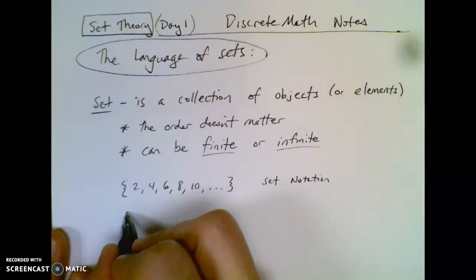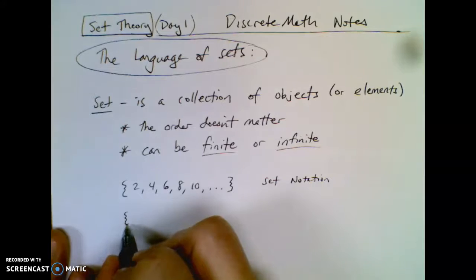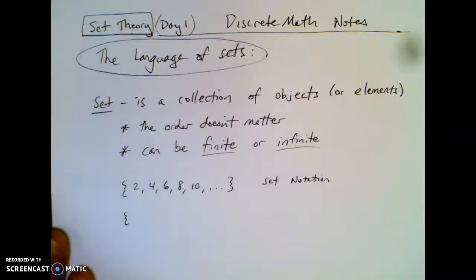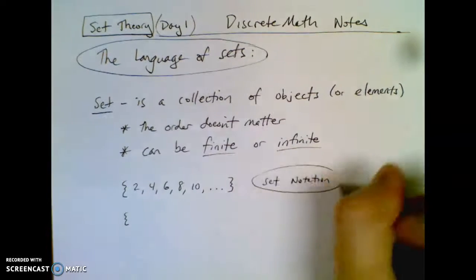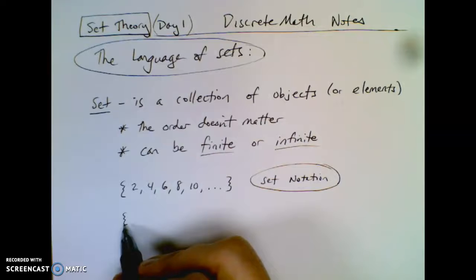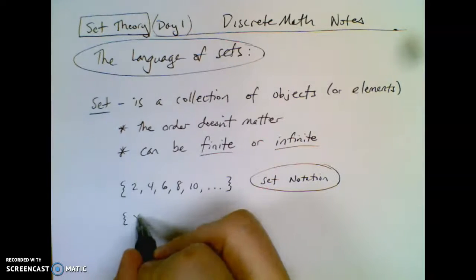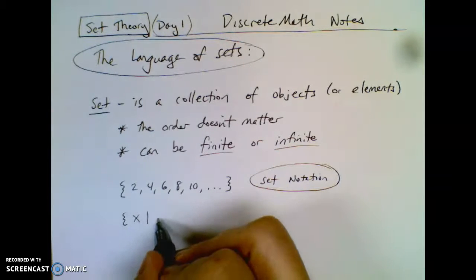Another way to write the exact same set is in set builder notation. So one way to write this was called set notation. The other way is like this, and it looks weird at first, but you'll get used to it.